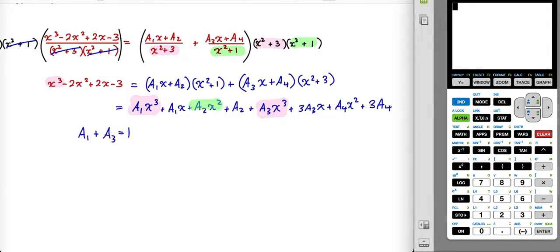All right. Anything with a power of 2, same deal. So a2 plus a4 is going to be equal to -2.